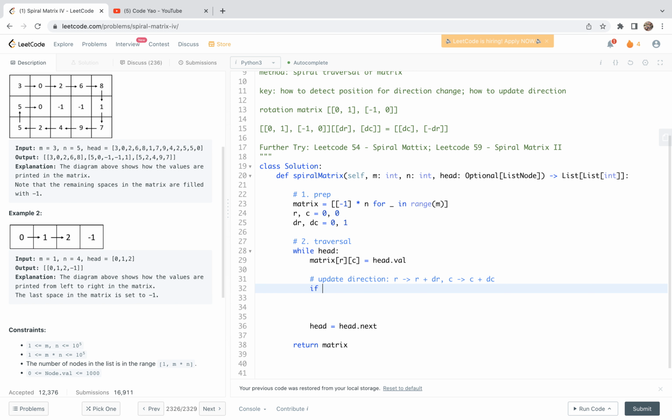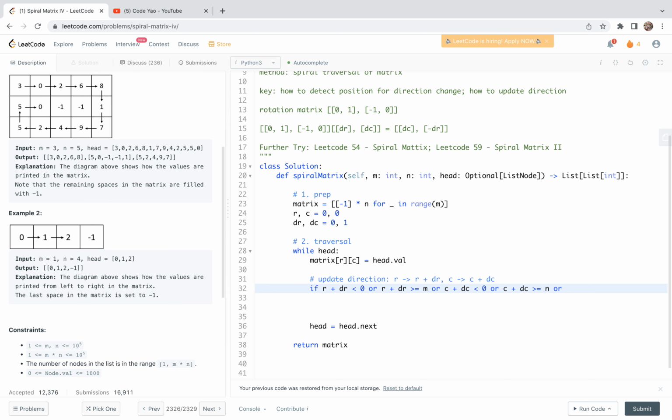The update condition is like this. If r plus dr is out of range, meaning it's less than 0 or greater than or equal to m, or for c, c plus dc is less than 0 or c plus dc is greater than or equal to n.